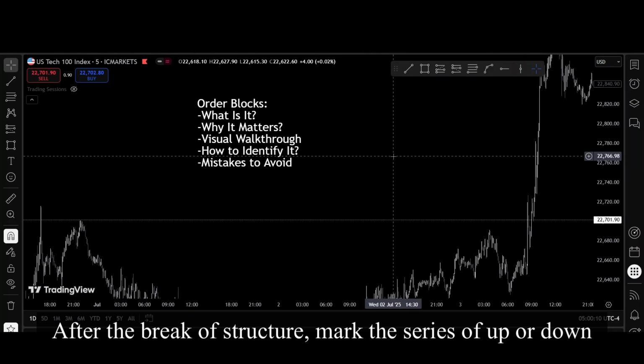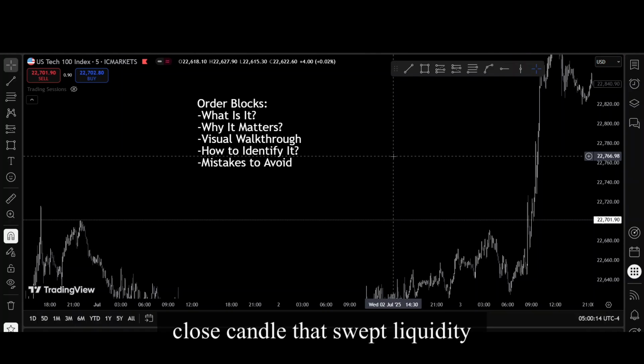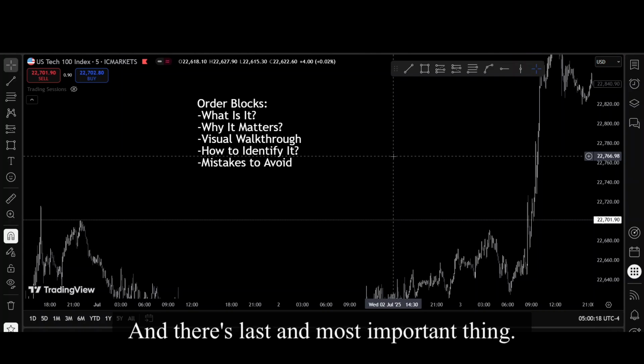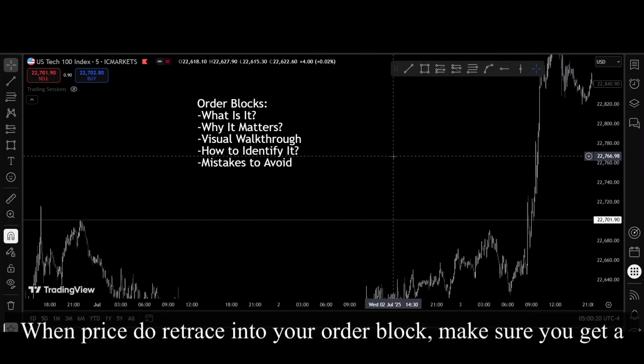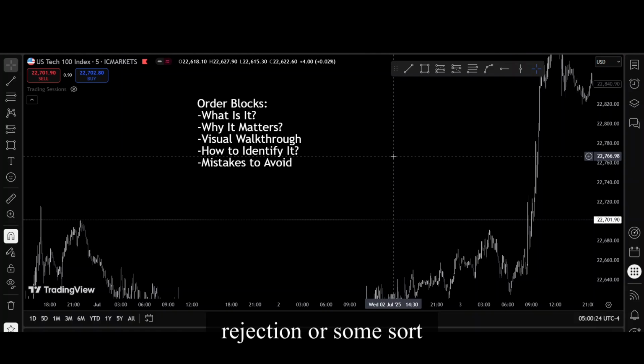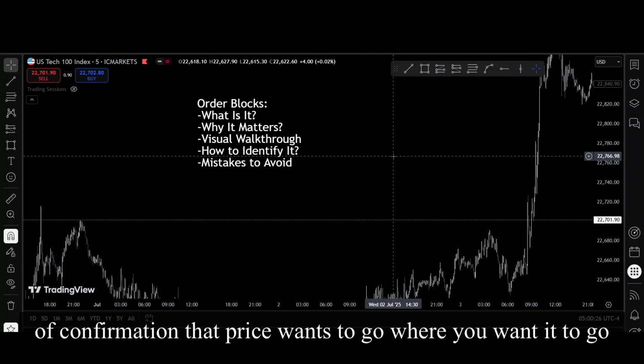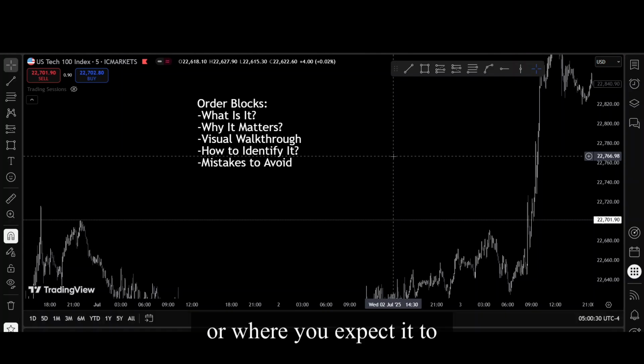After the break of structure, mark the series of up or down close candles that swept liquidity, and that will be your order block. And the last and most important thing: when price does retrace into your order block, make sure you get a rejection or some sort of confirmation that price wants to go where you expect it to go.